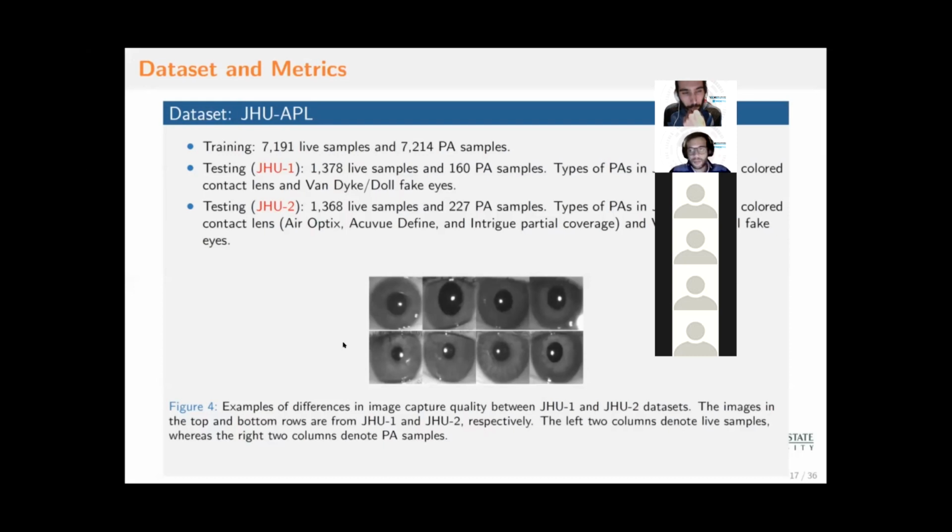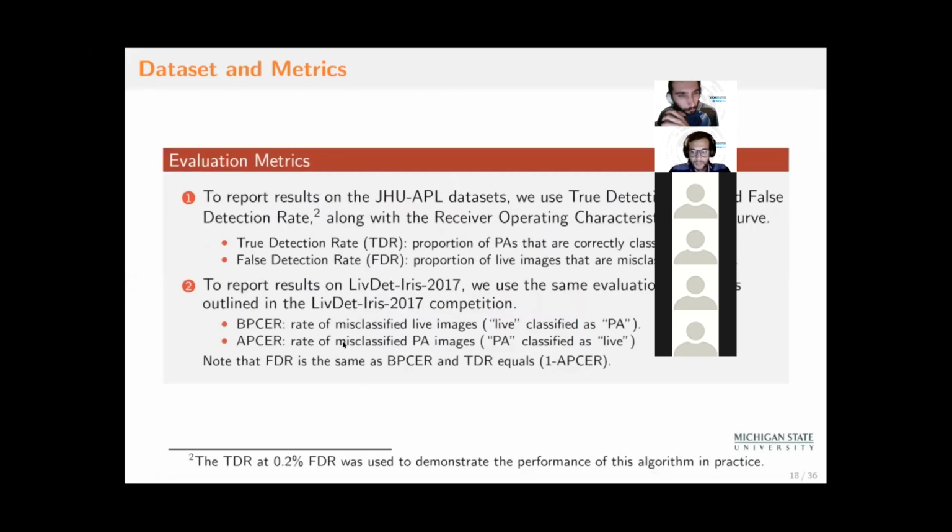Another dataset we are going to test is a public benchmark dataset called LivDet 2017, and we will follow exactly the same protocol as the competition. In order to perform a fair evaluation, we have utilized different metrics. The first one is the ROC curve, and we report the true detection rate at 0.2% false detection rate.